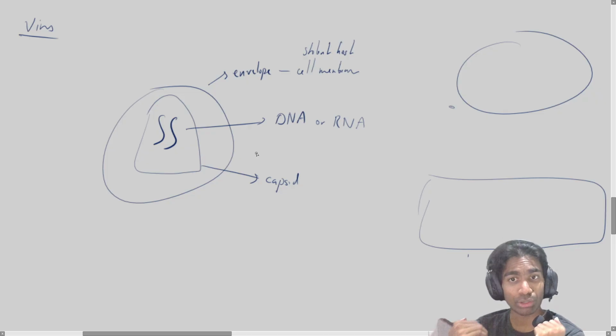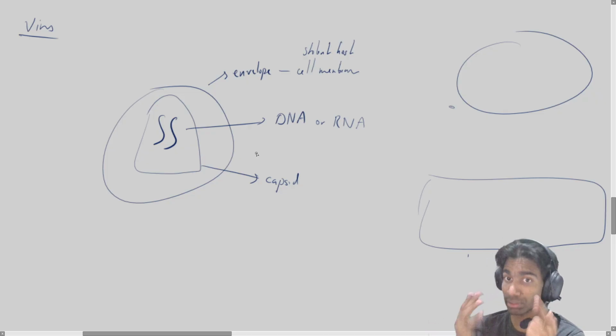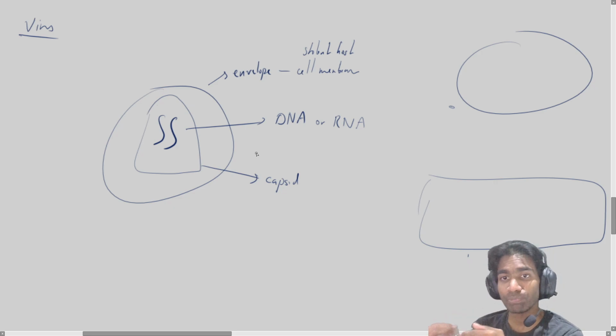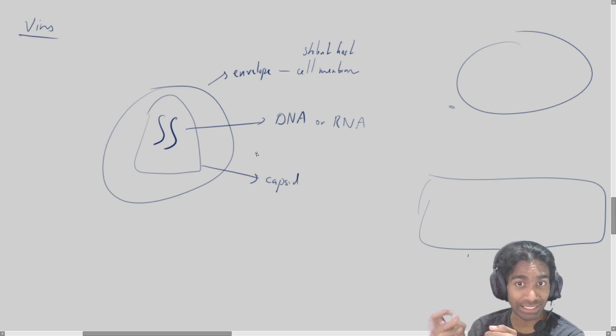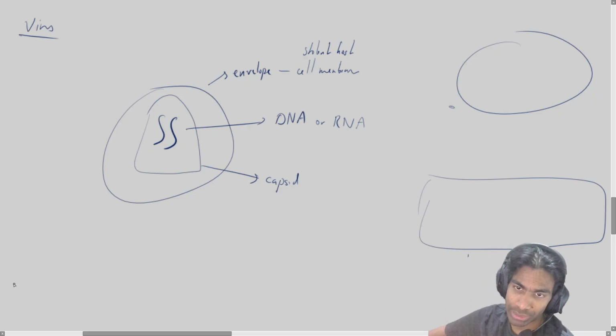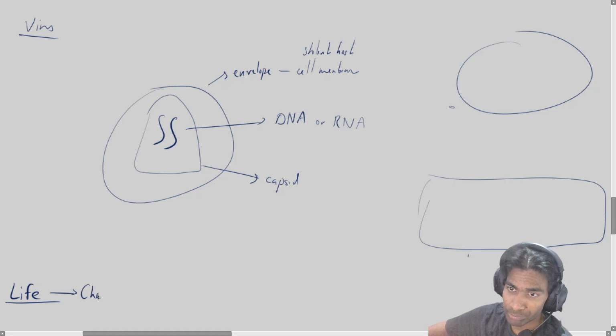So in biology, in order to quantify what is considered alive and not alive, there are some key characteristics that they need to follow in order for us to consider them alive, right? So again, this is to do with life itself. Okay, and right now we're talking about the characteristics of life.